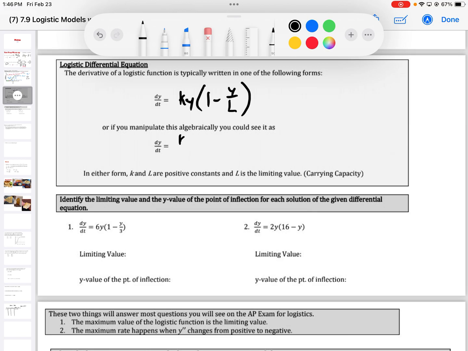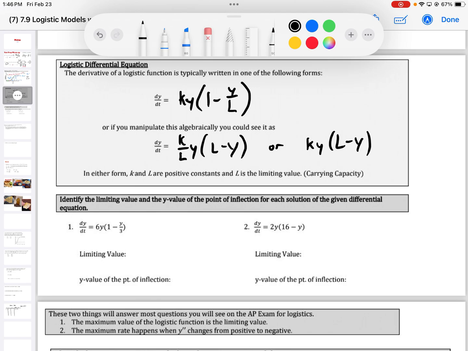The other one could be k over L times y times (L minus y), or k times y times (L minus y). I've seen them all.